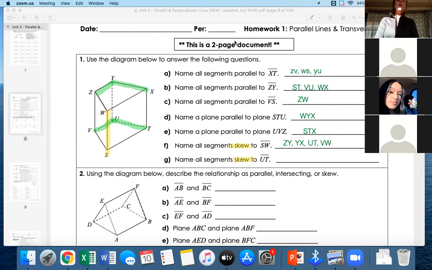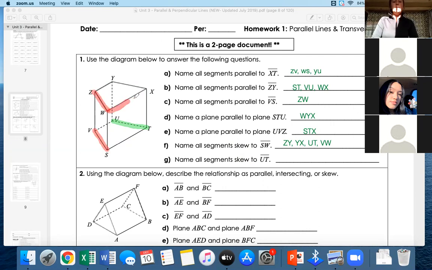So we can continue on learning a little more about skew. And when we do that, once all segments skew to UT. Well, UT is right here. So if we're talking about all segments, I'm going to use Christmas colors. All segments skew to it would have to never be touching and not parallel. So we can look at this.